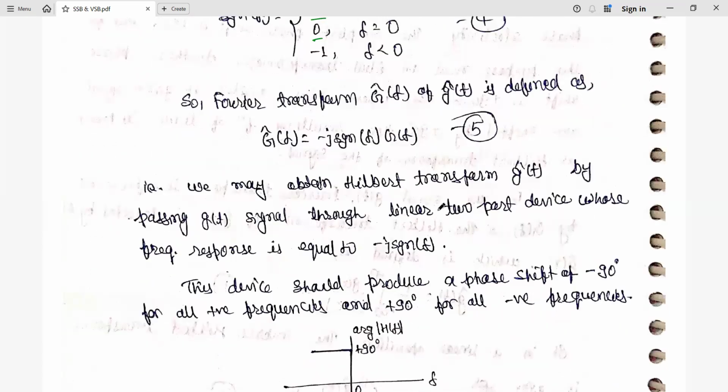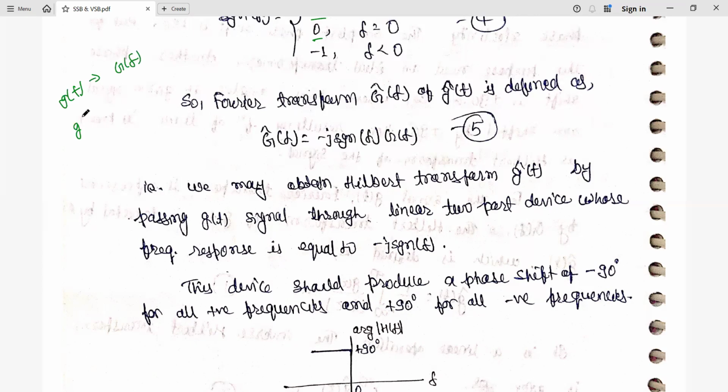Now we are going to see the relation between the Fourier transform and the Hilbert transform. If you have a function g of t, its Fourier transform we write as capital G of f.